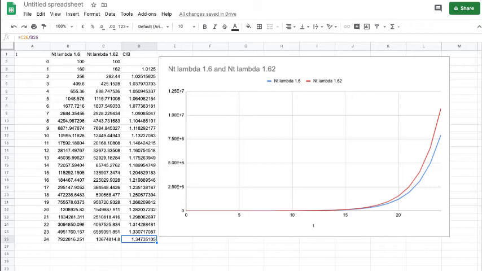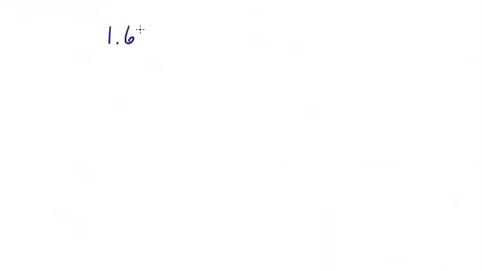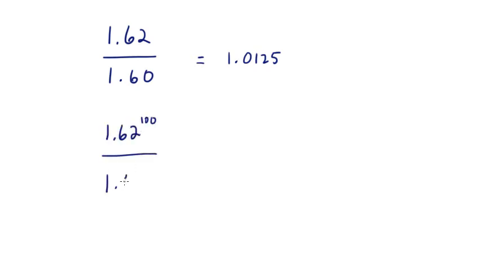You can project out the relative advantage at any point in the future using the old exponential growth function. If the advantage per year is 1.62 relative to 1.60, after 100 years, the cumulative advantage would be 1.62 raised to the 100th relative to 1.60 raised to the 100th, which, if you run the calculation, is 340%.